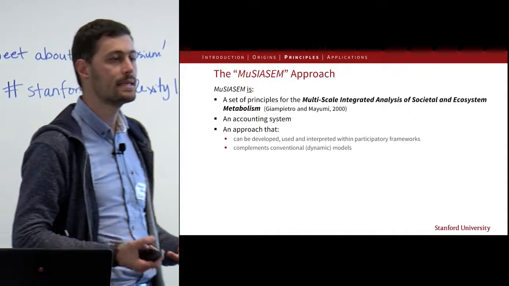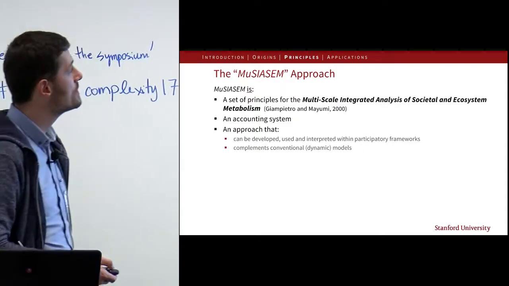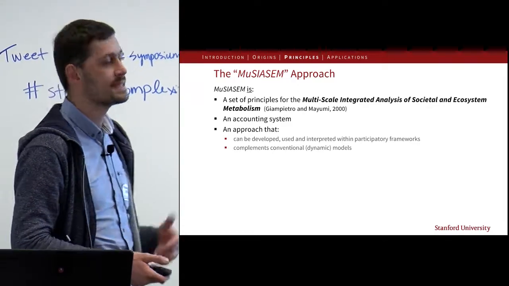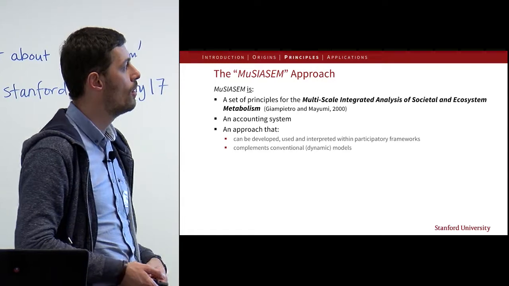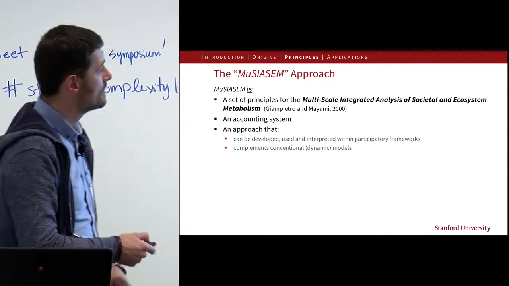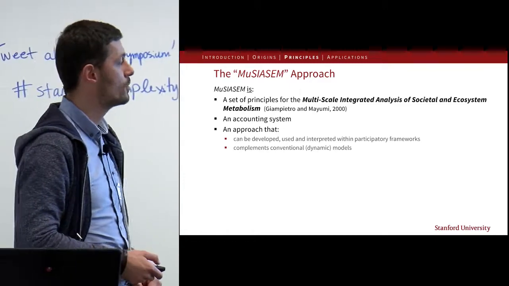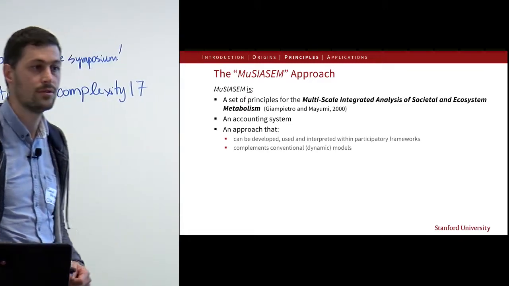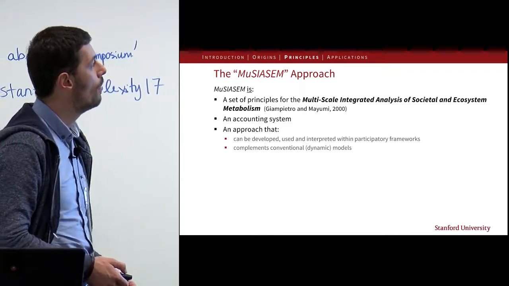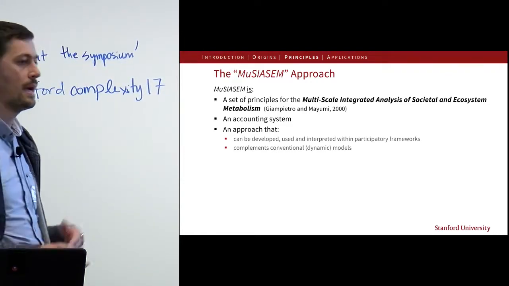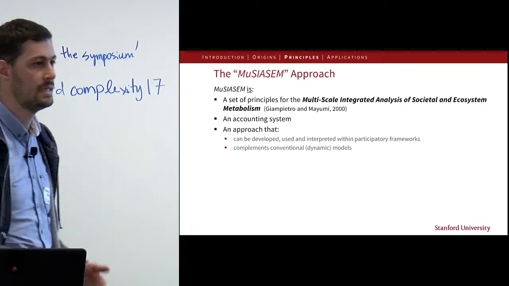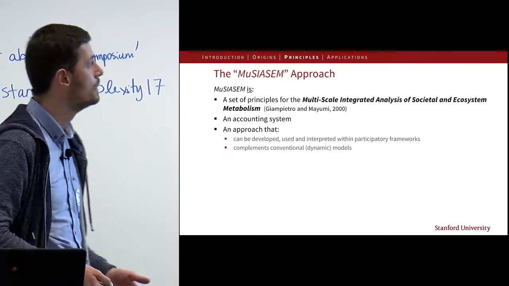So this is formally called the MuSIASEM approach, which is a set of principles for the multi-scale integrated analysis of societal and ecosystem metabolism. It was developed by my colleagues already 7 years ago now, and it has been applied to many cases of various types of systems: agricultural systems, household metabolism, energy systems, in all parts of the world.